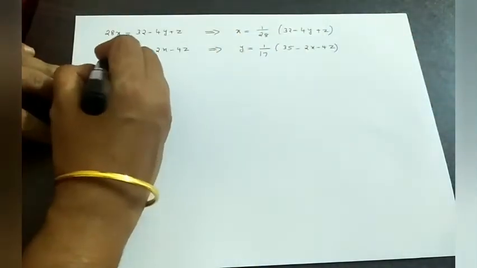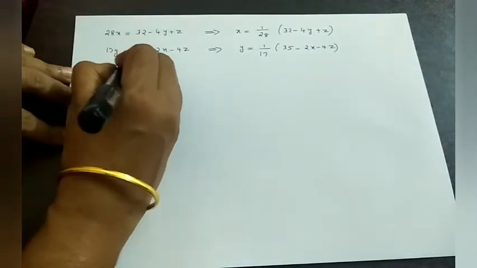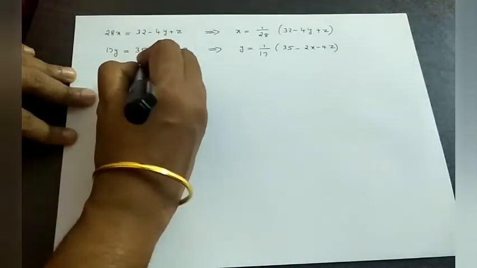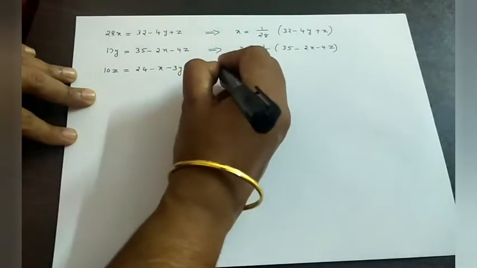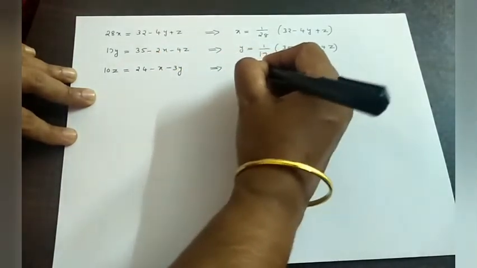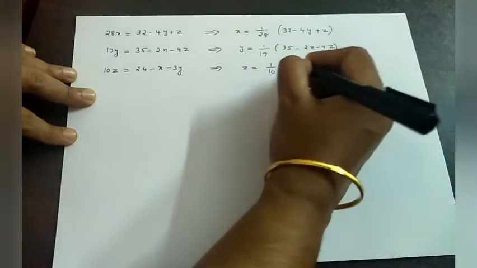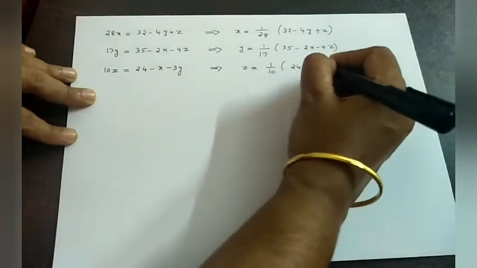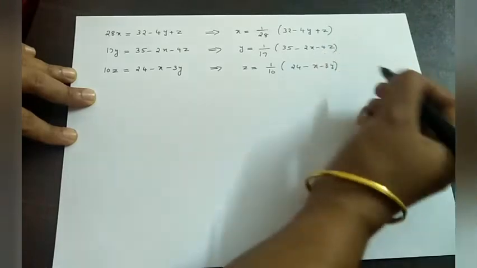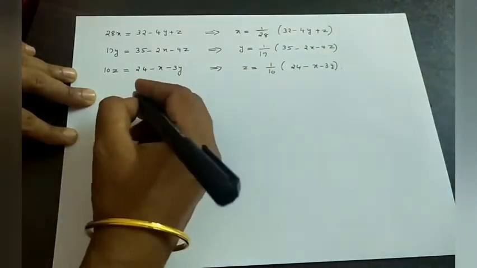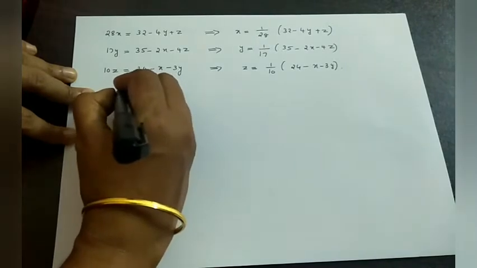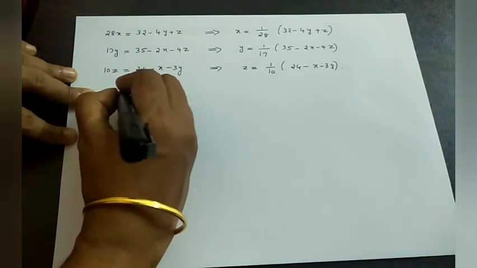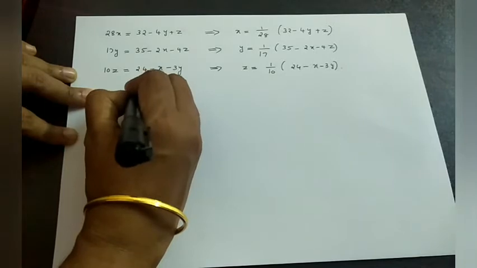And from the third equation we have 10z is equal to 24 minus x minus 3y, from that we have z is equal to 1 by 10 into 24 minus x minus 3y. Now, as per rule, we start with the approximations.